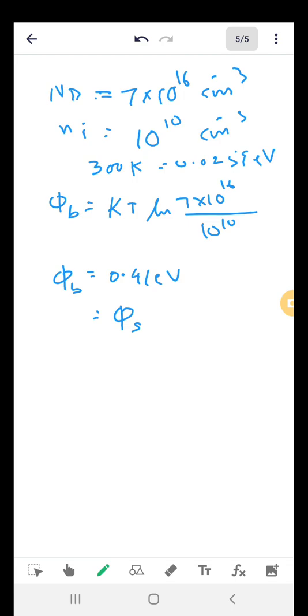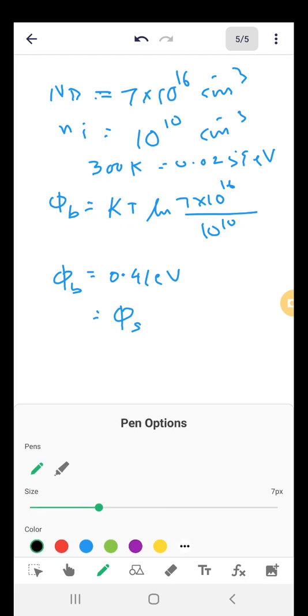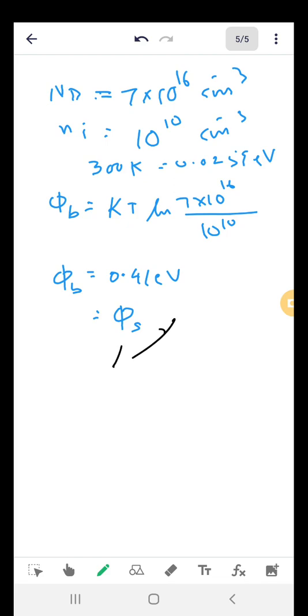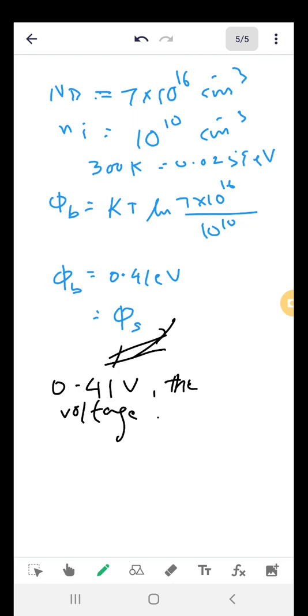So you can see that 0.41 volts is the voltage required to make the surface intrinsic.